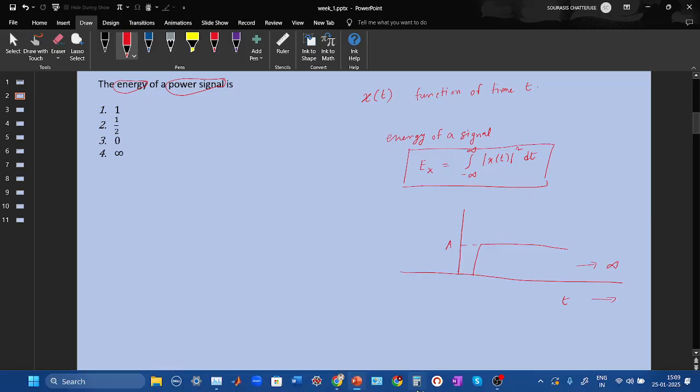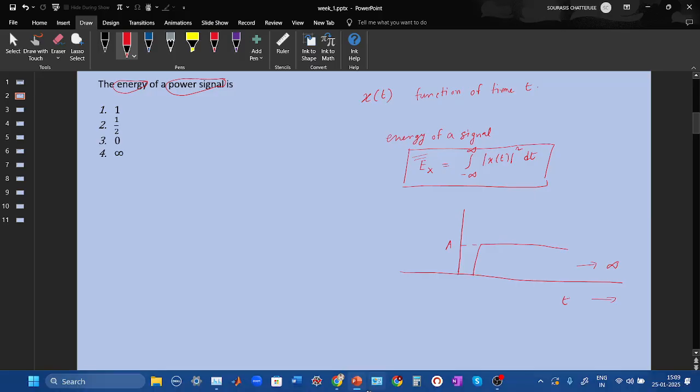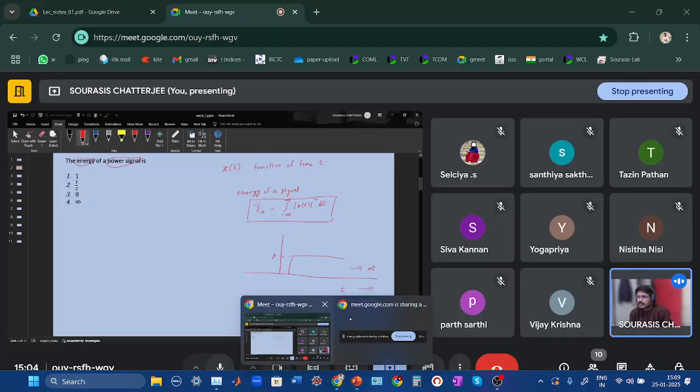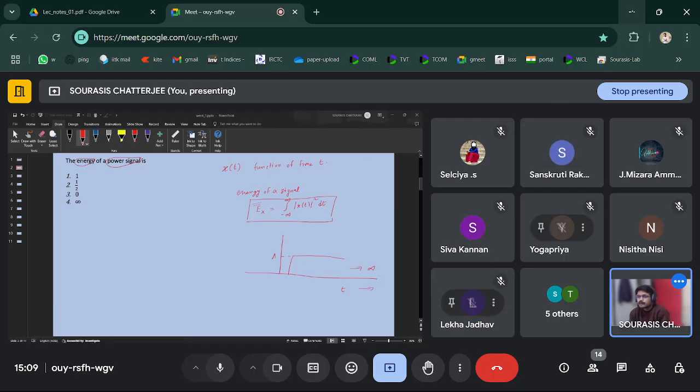Can one of you please volunteer here, just without even looking at the mathematics, what is the energy of this particular signal I have drawn here? Any of you willing to answer?